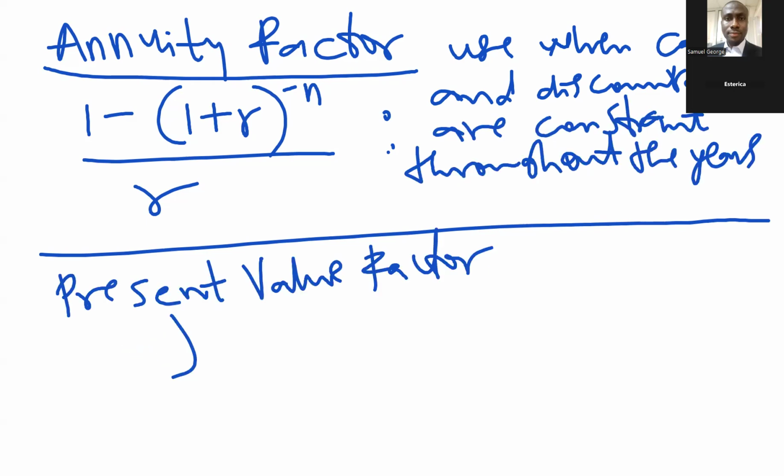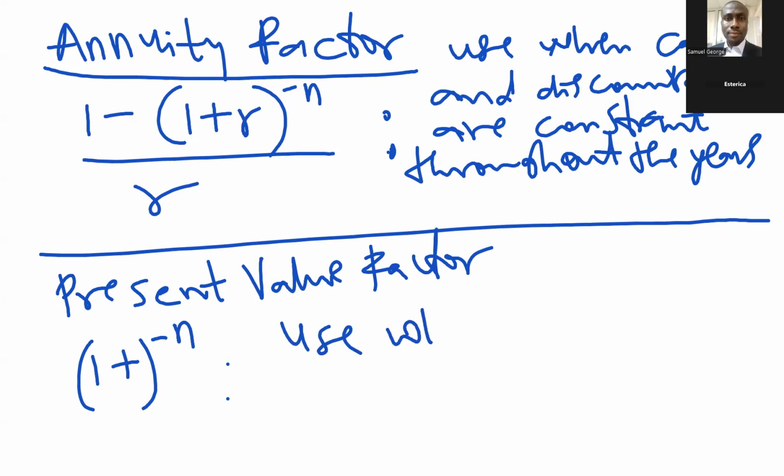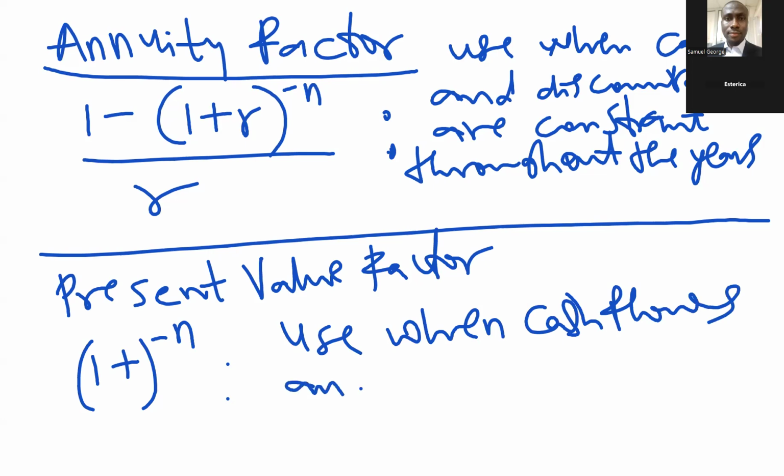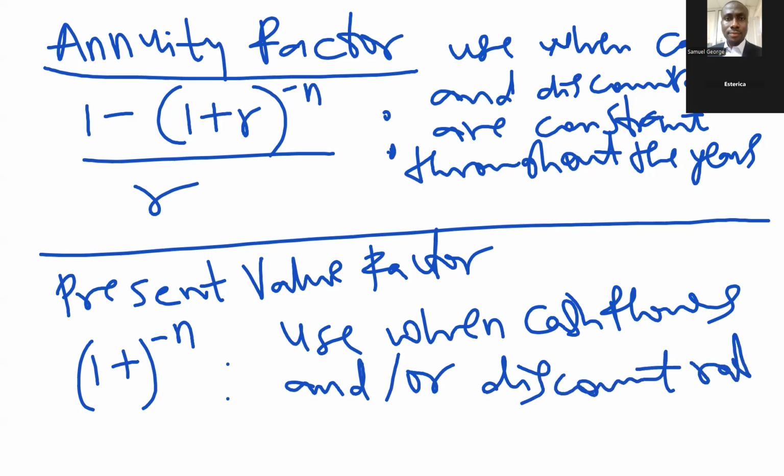That is 1 plus r raised to power minus n. So I say use when cash flows and/or discount rates are not constant throughout the years.